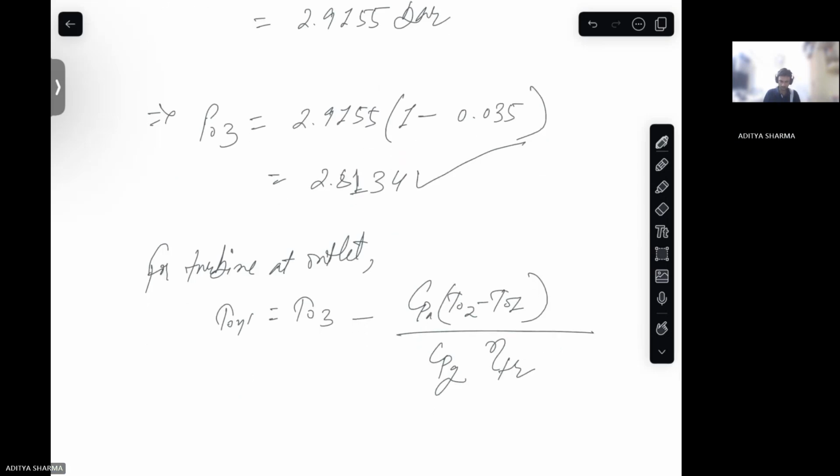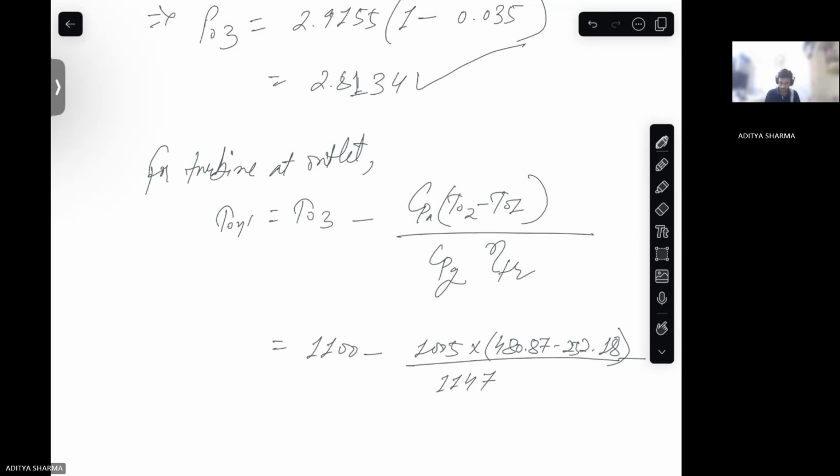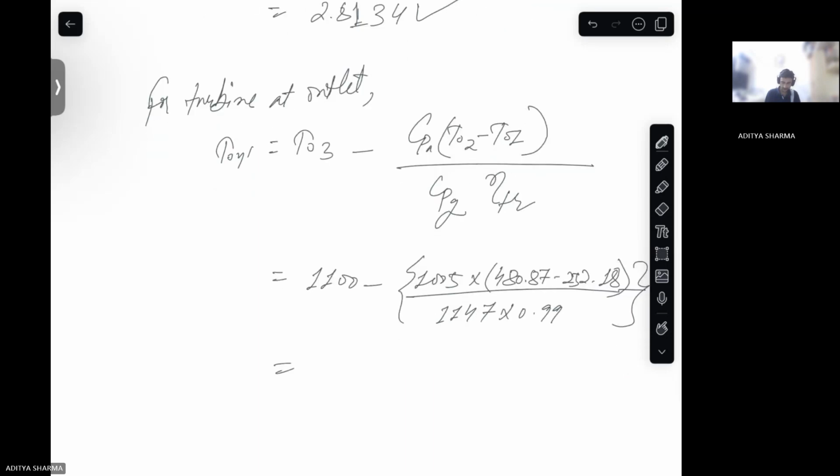Right? In terms of transmission efficiency, this has been given. Now if you place the values, so this will come out to be this.